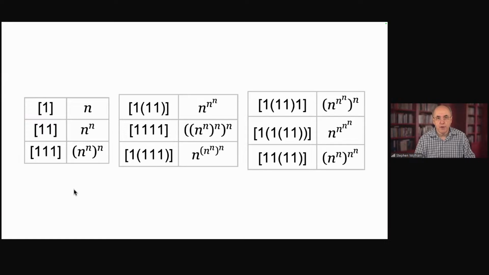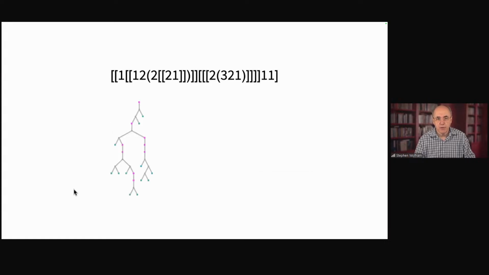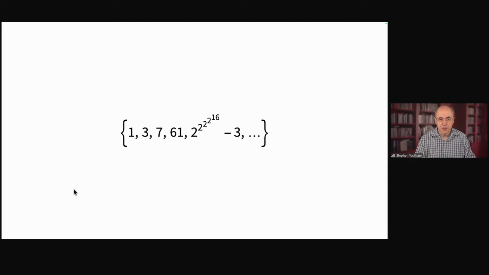So, for example, this very innocuous looking lambda here gives a diagonal of the Ackermann function. So this tiny little lambda, if we apply it to successive Church numeral integers, gives the succession of integers that is of this form: 1, 3, 7, 61, looking really good, and then 2 to the 2 to the 2 to the 16 minus 3.